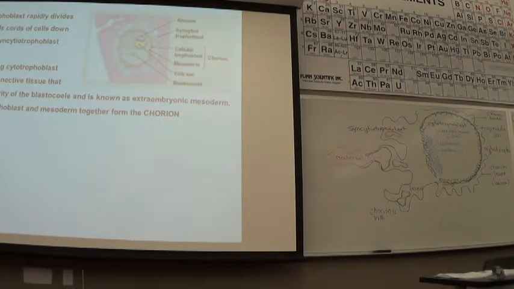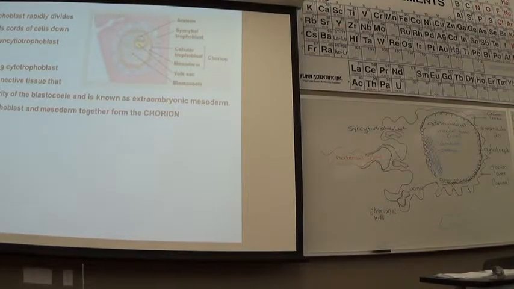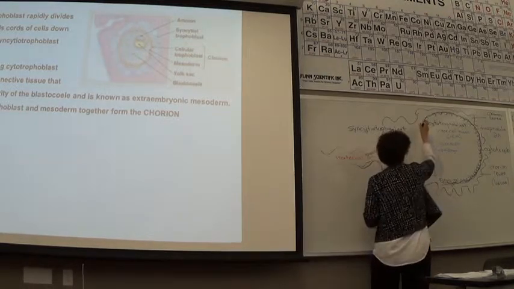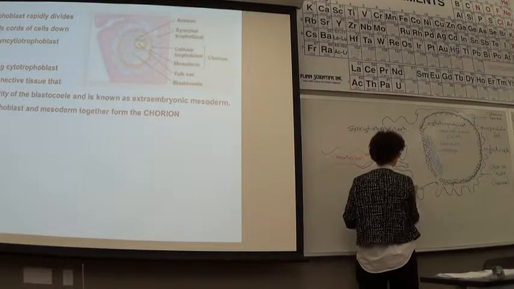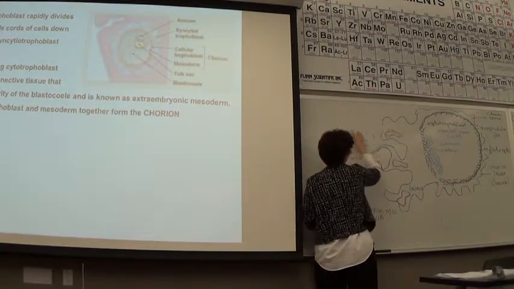So it's fibroblasts making collagen fibers, and fetal blood vessels, capillaries, are going to move down into these villi as well. So we have a column of cytotrophoblast. Which one shall I choose? I'll do this one just because it's up high for everybody to see.